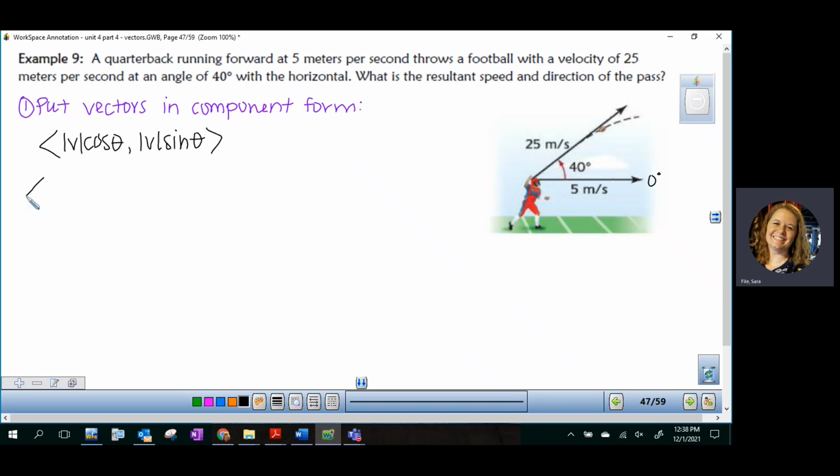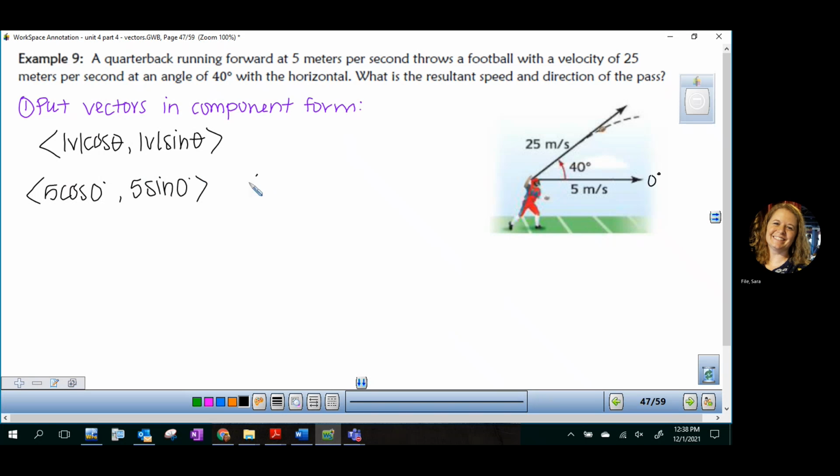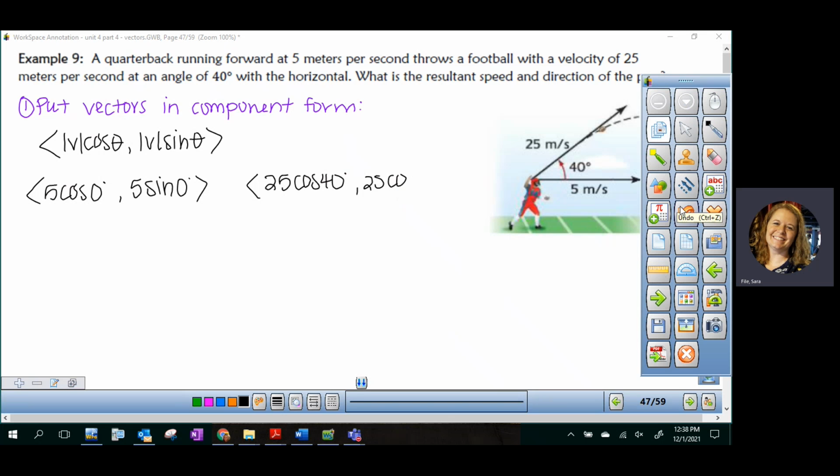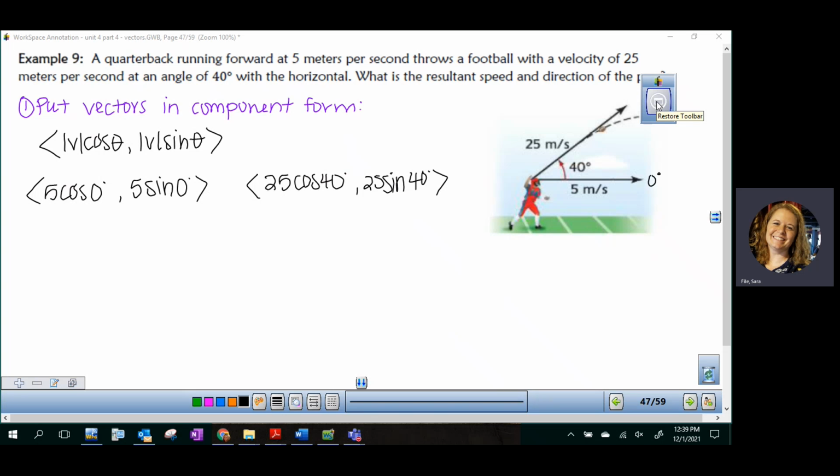Okay, so for the first vector, the quarterback running, that's 5 times cosine of 0 and 5 times sine of 0. And the second vector, for the throw, it's 25 cosine of 40, 25, oops, I started to write cosine again. It's supposed to be sine. Sine of 40.